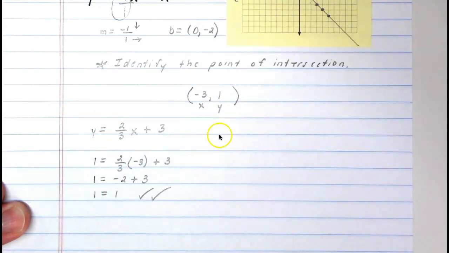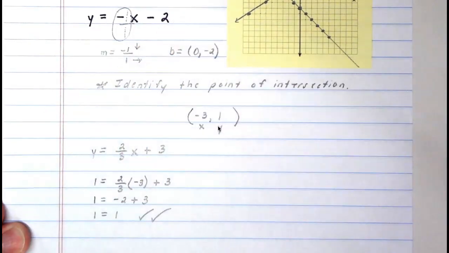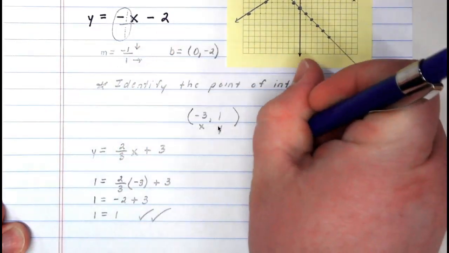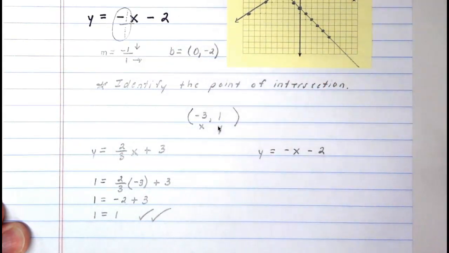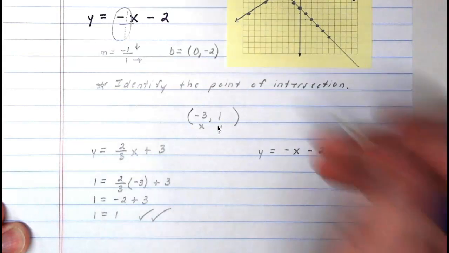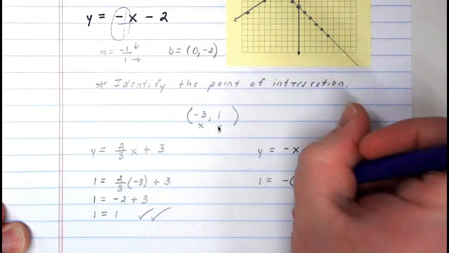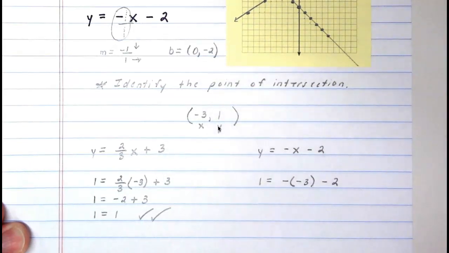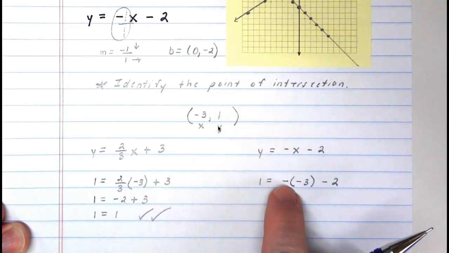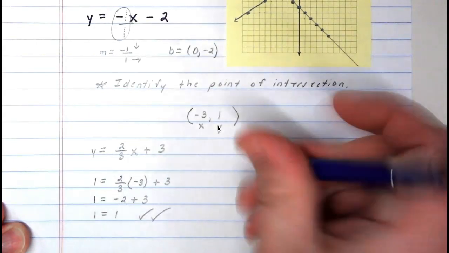We can do the same thing now for our second equation, y equals -x minus 2. For the y, we're going to put 1. Negative, the x value is -3. Bring down the minus 2. Negative -3 means the opposite of -3, which would be +3.